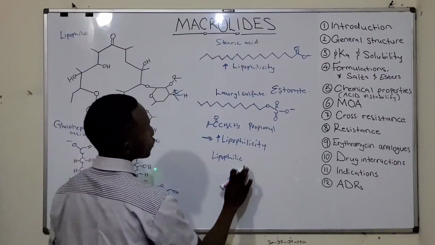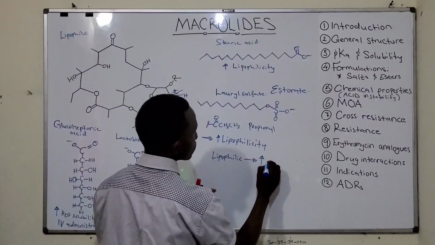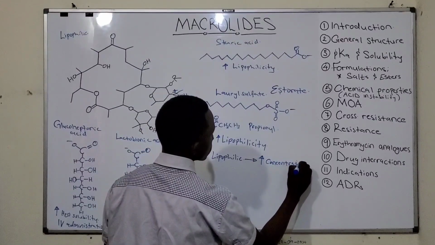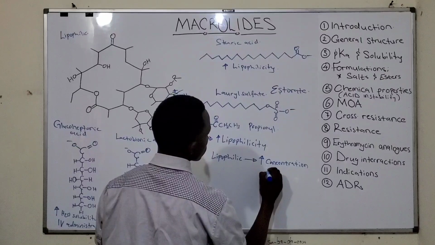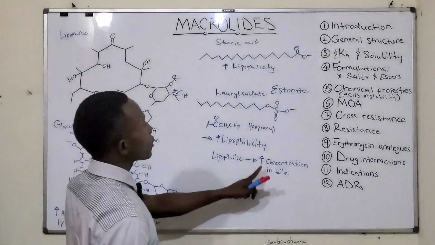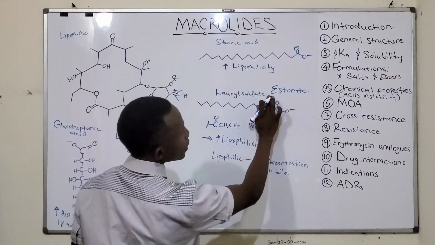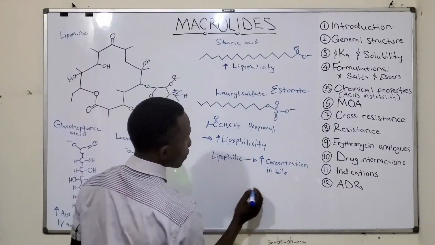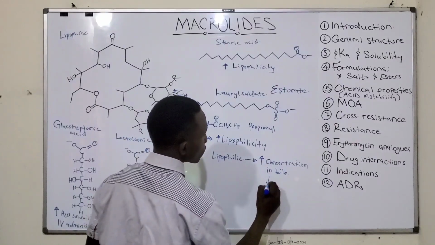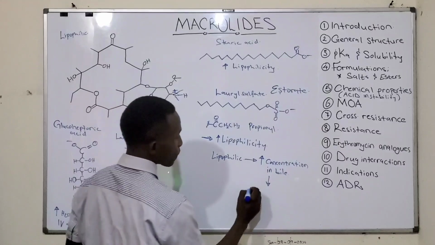And there are higher chances that we shall have higher concentration in bile. So this lauryl sulfate salt, or the esterate salt, can have higher concentration in bile, leading to impeding the bile flow.